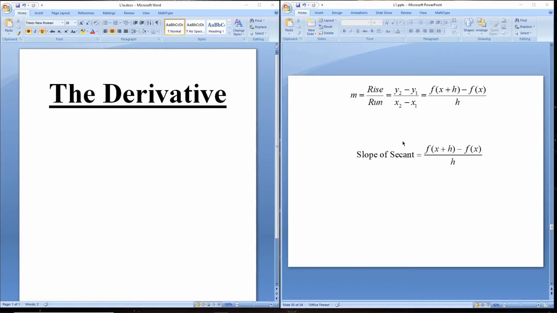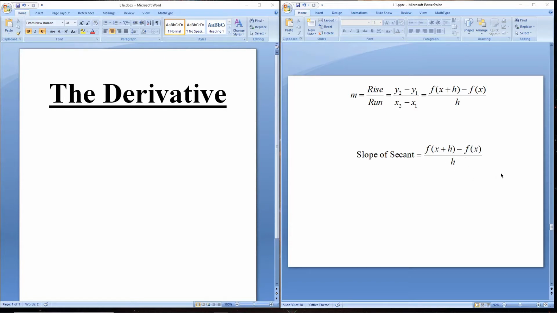And then what we talked about next is if we take this formula for slope for the linear function and apply it to something that has curvature, we then get this secant line. And a secant is, again, a linear function, and this gives us the slope of that secant line.